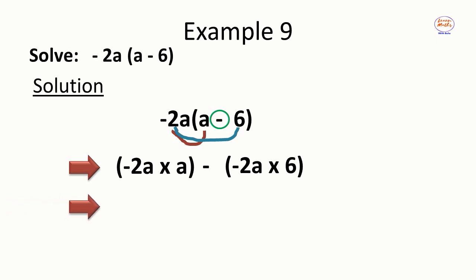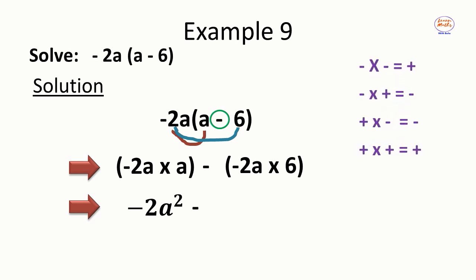So once again, minus 2a times a will not give you a. That is if you are dealing with the signs. This time you have minus 2a raised to power 2. Then you have the minus sign, and you have minus 2a times 6, which will give you minus 12a.